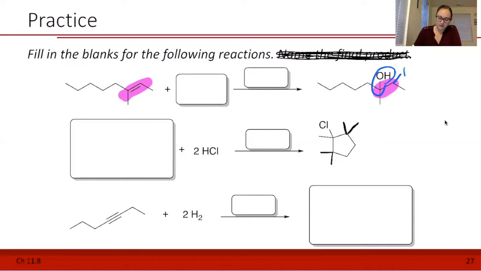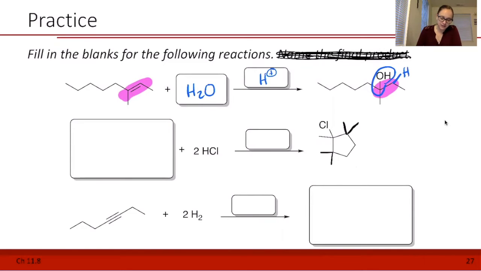We also added a hydrogen at this position as well. That means our reagent was H2O, and we needed an acid catalyst to do that. Okay, so that's the answer for the first one. In order to get from that alkene to the alcohol, we needed to do a hydration reaction.